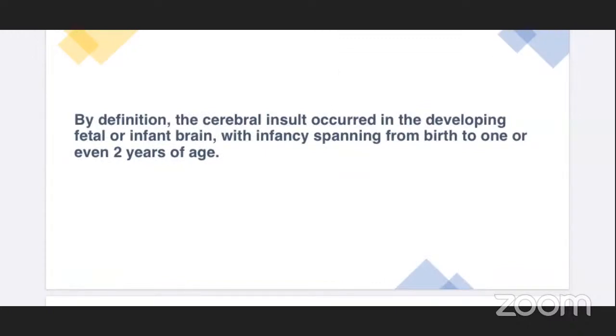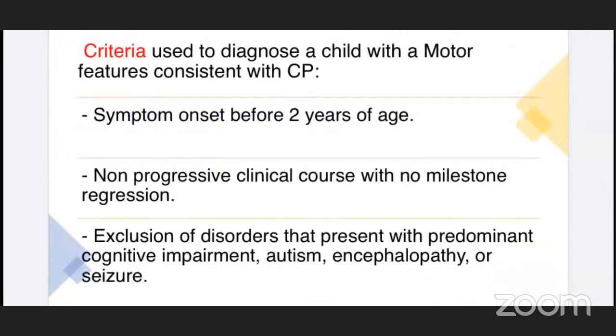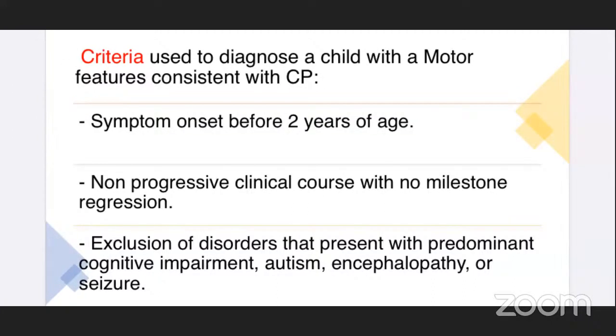So, as I went through the definition, we can say that it starts within 2 years of age with a static course. It starts with risk factors that result in a brain insult.